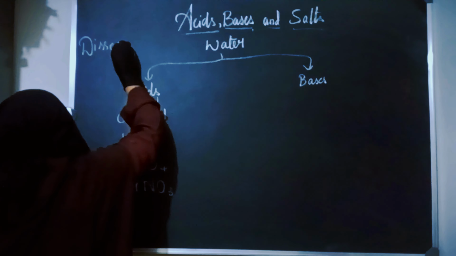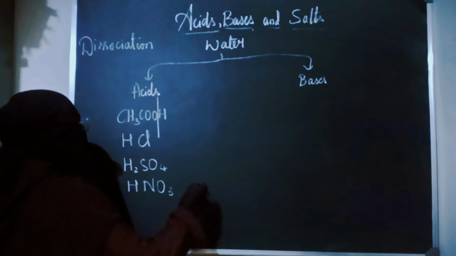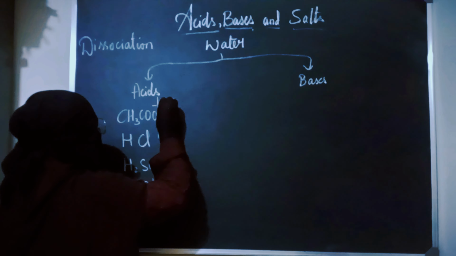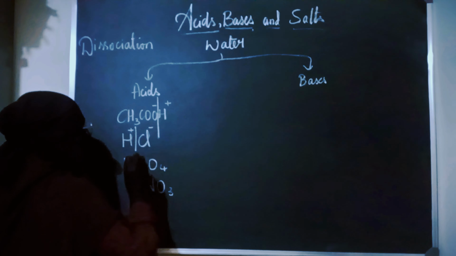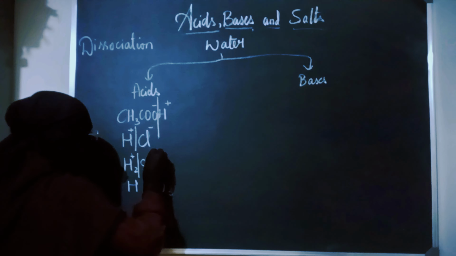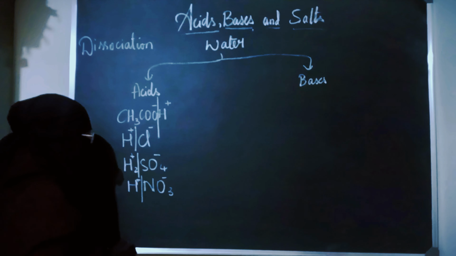Basically, dissociation of ions will happen wherein the acids will dissociate into CH3COO minus and H plus. Here also H plus and Cl minus. Here also H plus and SO4 minus. Here also H plus and NO3 minus.